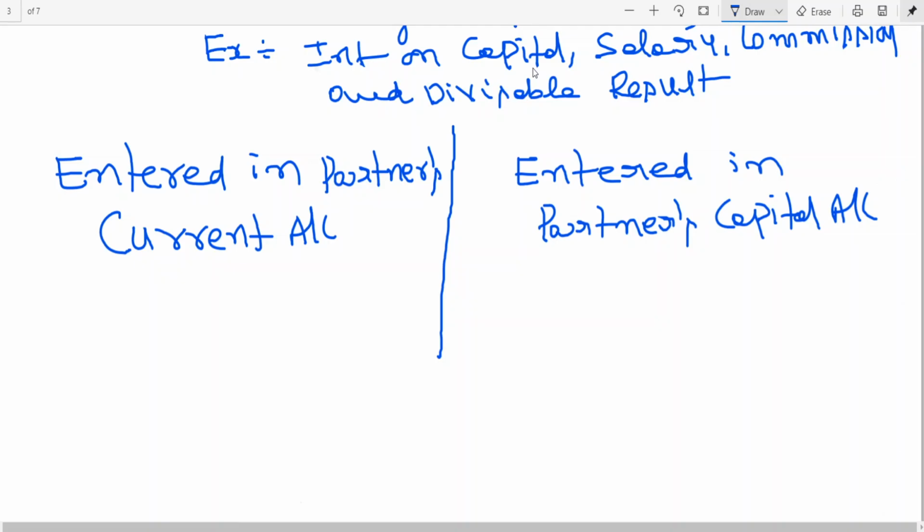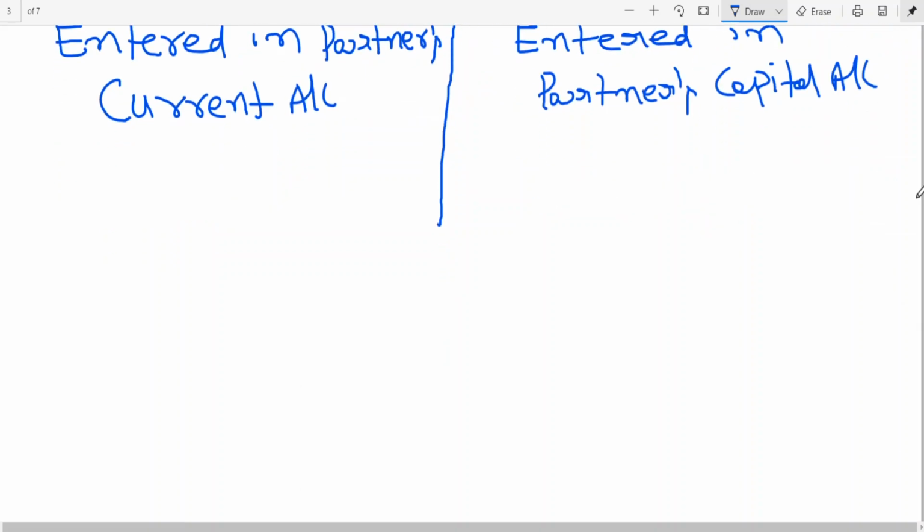Because interest on capital is credited to the partner's current account, salary is credited to the current account, commission is credited to the current account, and divisible profit is credited to the current account. And interest on drawings is debited to the current account. Capital, salary, commission and divisible profit are credited to the current account; interest on drawings is debited to the current account. Here you have only one account, called the partner's capital account. This is the difference.